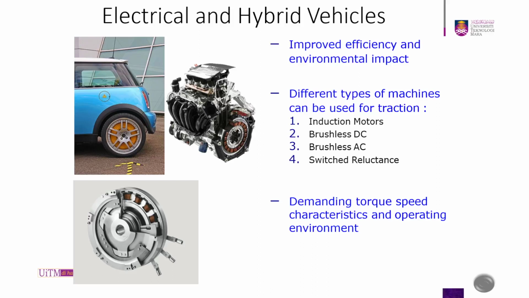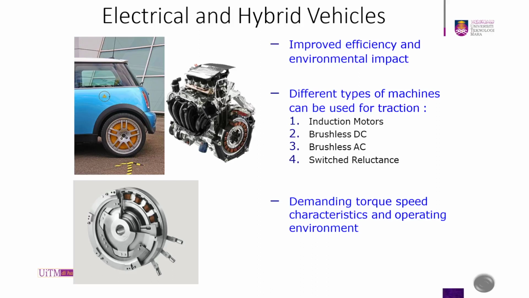So we create a greener environment by using the electric motor compared to the normal combustion engine. The normal engine produces smoke, isn't it? So this is not good for the environment. That's why you move into electrical and hybrid vehicles.